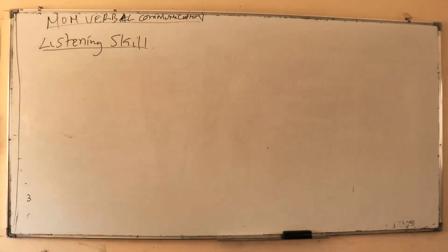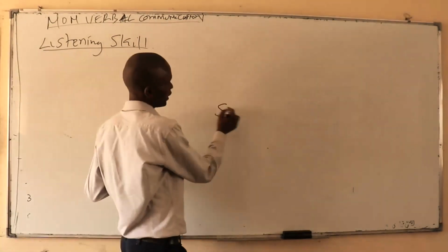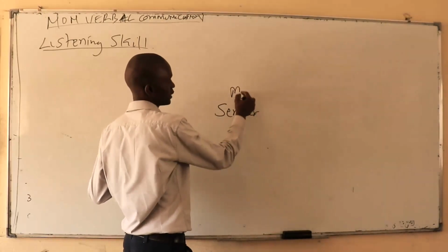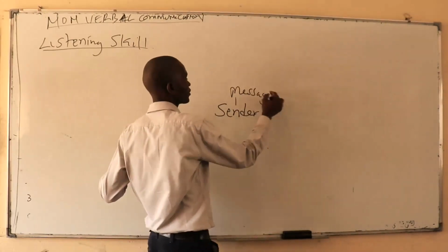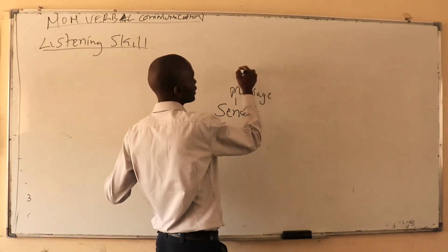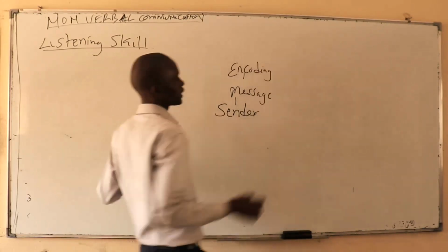You remember when we were talking about the elements of communication, we said we have how many elements? Seven elements of communication. Number one, we have the sender. We also have the message, and we also have encoding.